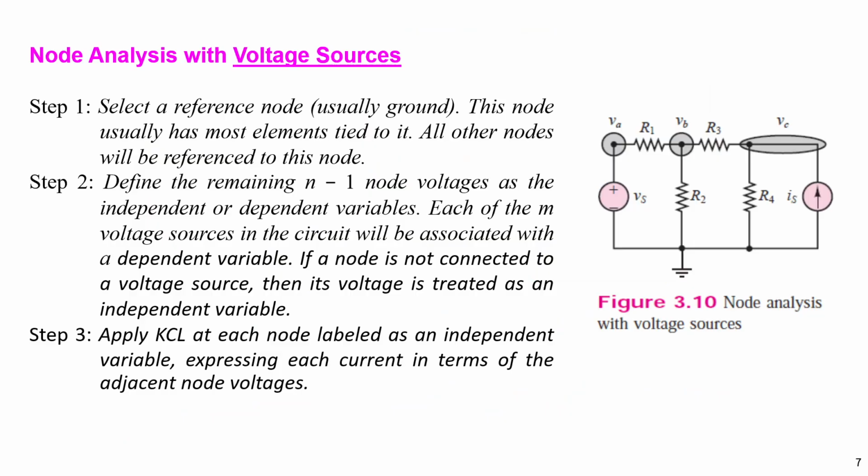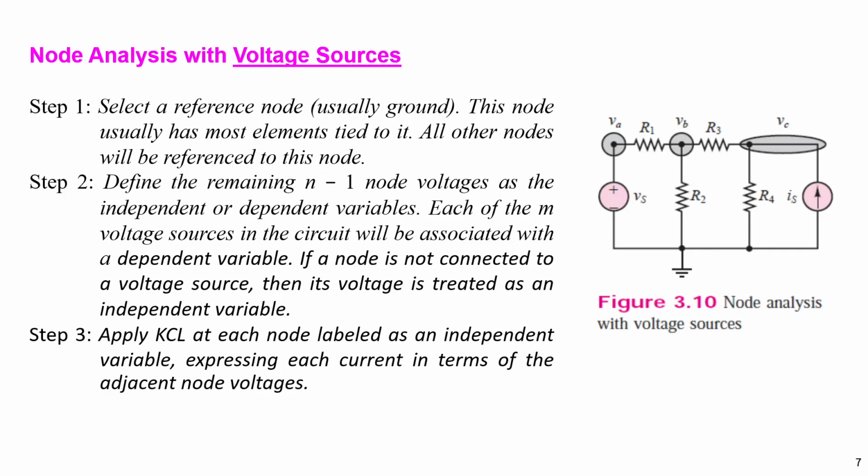It becomes more difficult now, and complex if we have a voltage source. We do it in a similar way, but we know the voltage of some node already, so we don't need to solve for it. For example, we know VA in this case.